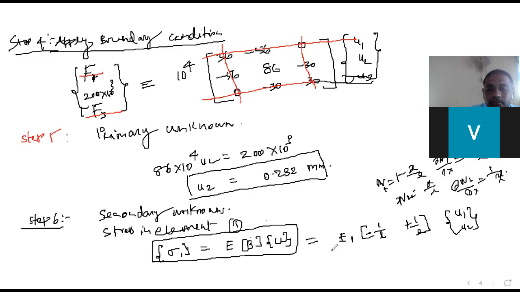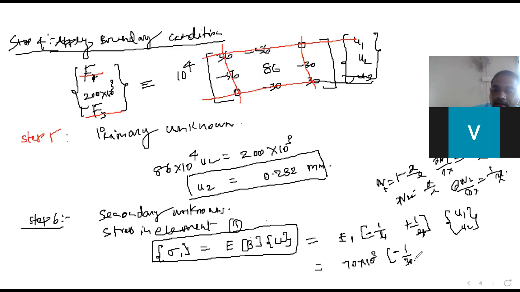What is the value of E1? It is 70 into 10 power 3. What is the length of the first element? You have to put L1 here. The first element length is actually 300 mm.